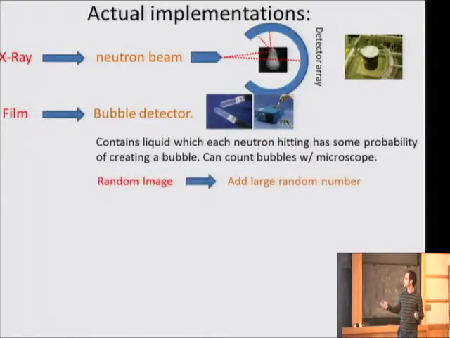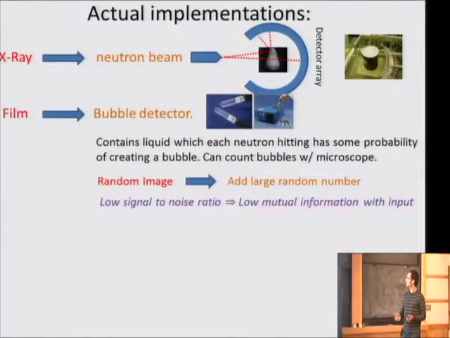Then for a random image, basically to each bubble counter you add a large random amount: you shoot a random number of neutrons at it, so you create a large random number of bubbles, and you need to keep a low signal-to-noise ratio to make sure there is low mutual information with the input.